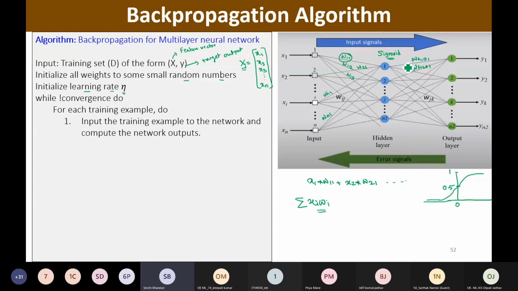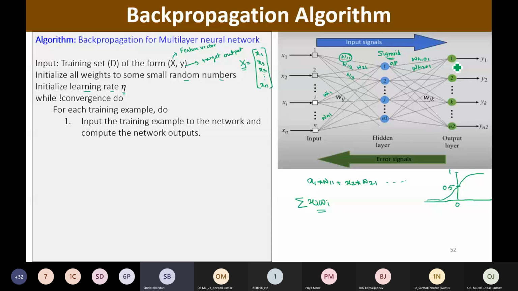Associated with every neuron, I am having some output, and that output is produced by the sigmoid function. So this summation xi wi is the input for this neuron, and this sigmoid function will produce some output in the range 0 to 1. So now I have the intermediate output available for the hidden layer neurons. This output becomes the input for the output neuron, right?